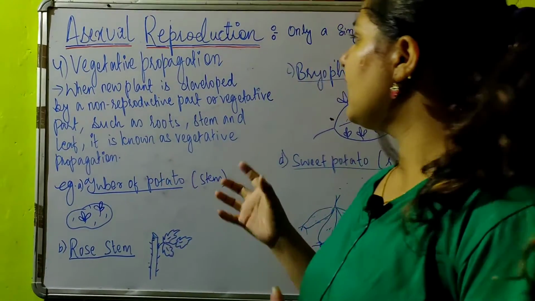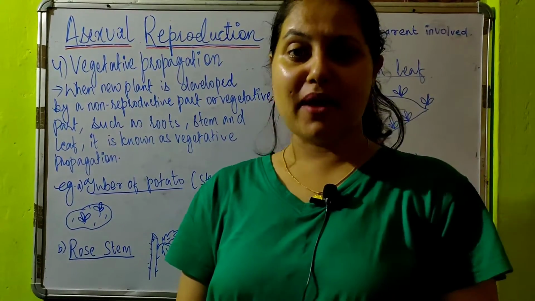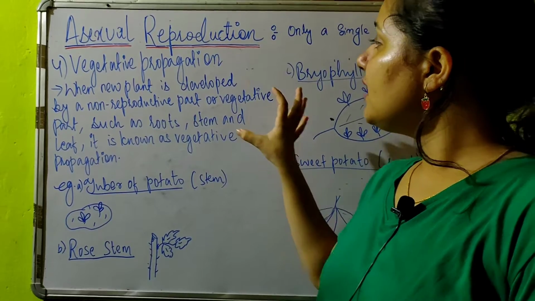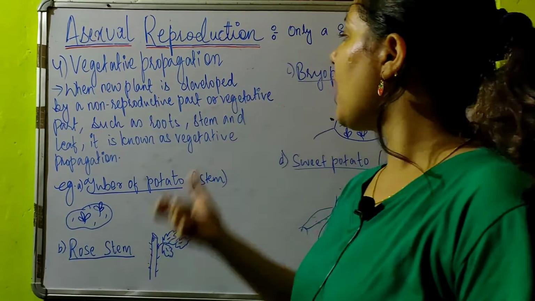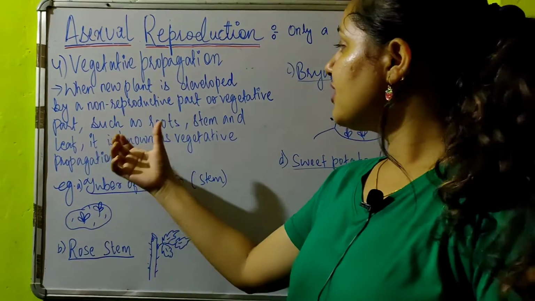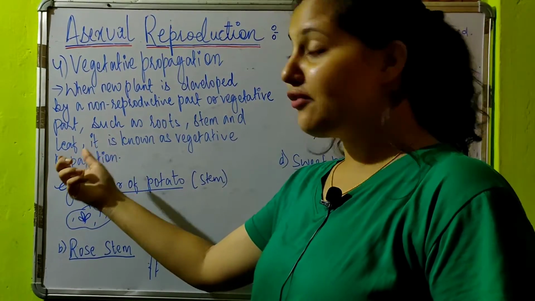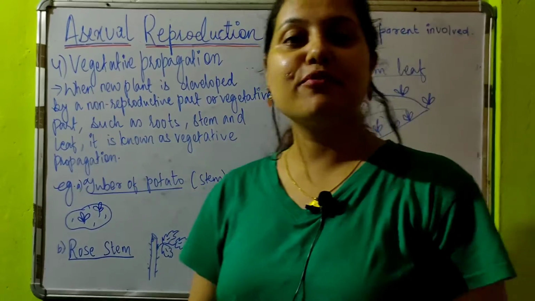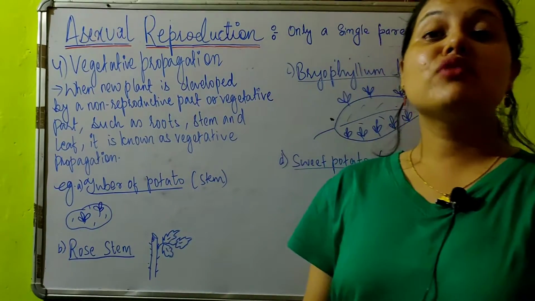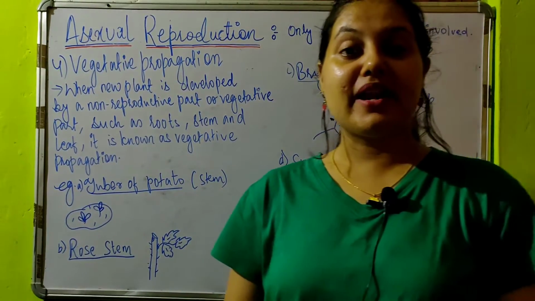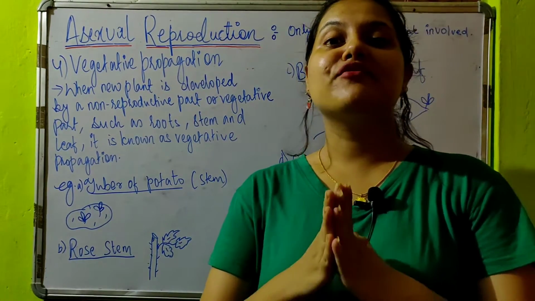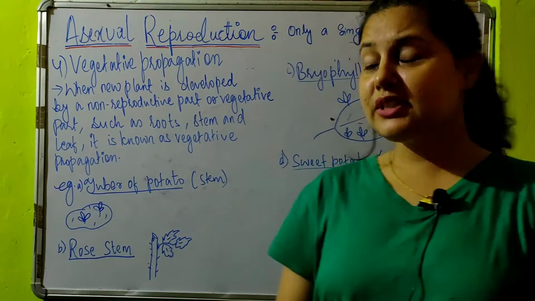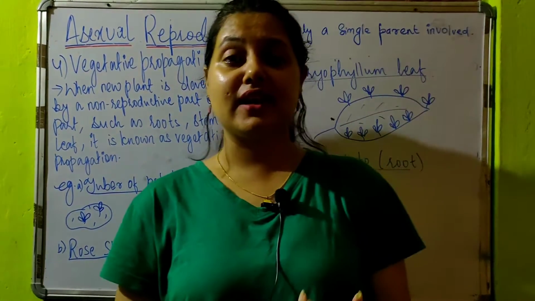Okay, now coming to the last one, that is vegetative propagation. You see, when a new plant is developed by a non-reproductive part or a vegetative part such as root, stem and leaf, it is known as vegetative propagation. This is also one of the methods of asexual reproduction in plants, where the plant reproduces by the vegetative part. What does this mean exactly?